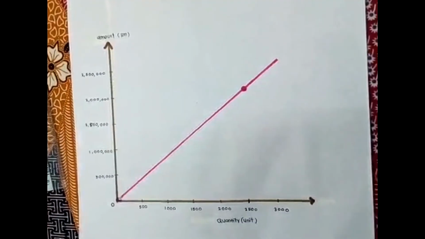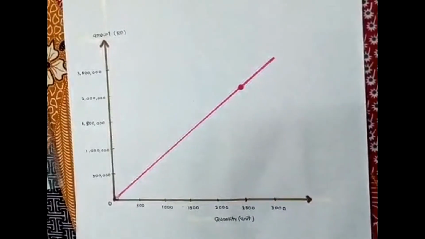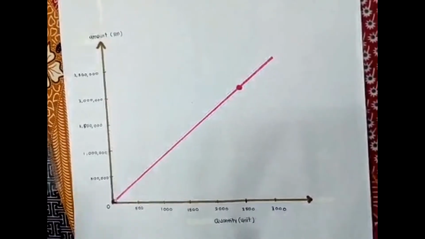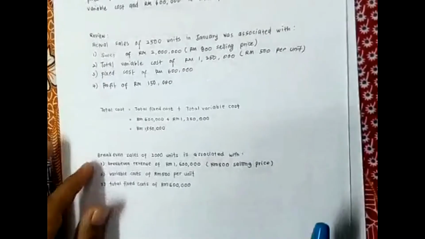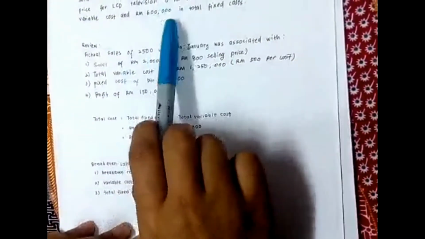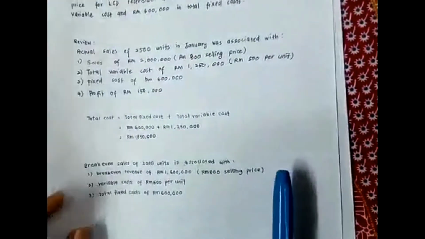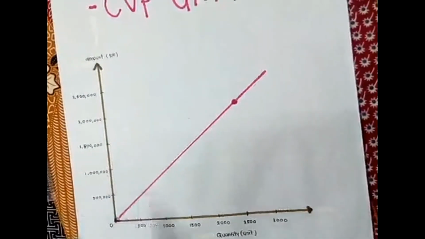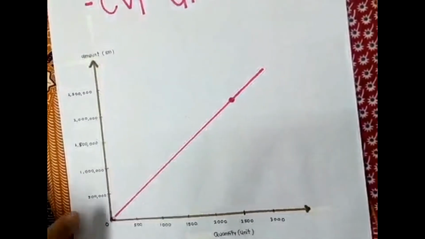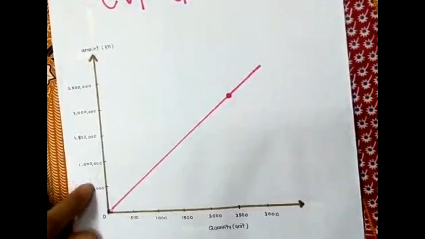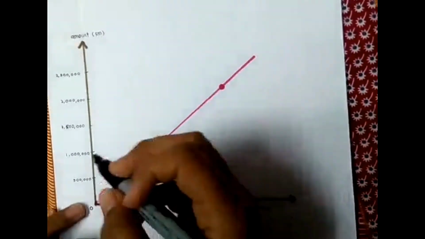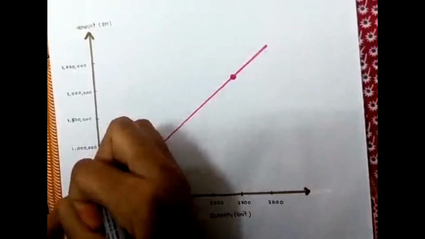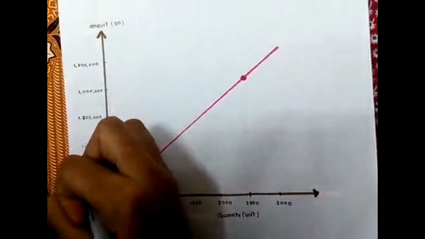Next step, we will draw the fixed cost line. For the fixed cost line, the amount is 600,000. So 600,000 is here, between 500,000 and 1 million. So the point is here, 600,000.